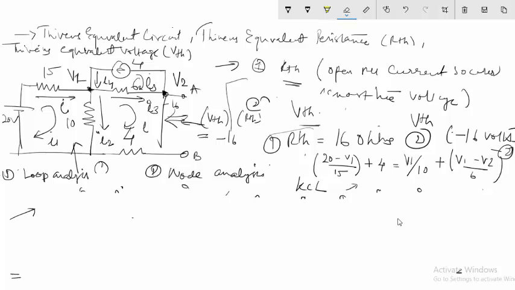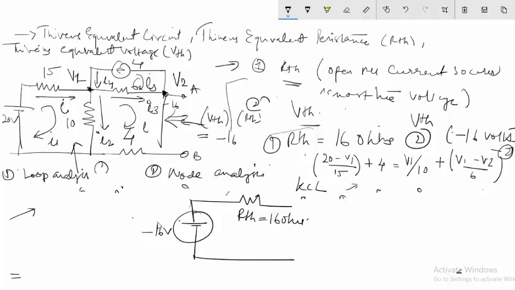You can now draw the equivalent circuit: a voltage source which is minus 16 volts, and a resistance RTH which is equal to 16 ohms, and this is my VTH across the A B terminals. So this is my solution, and this was the answer which I needed.